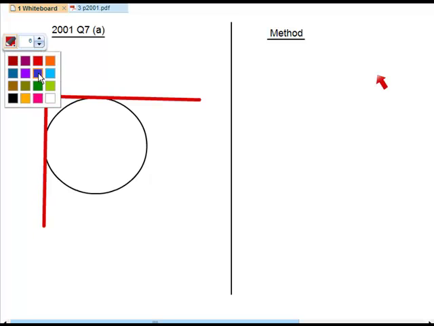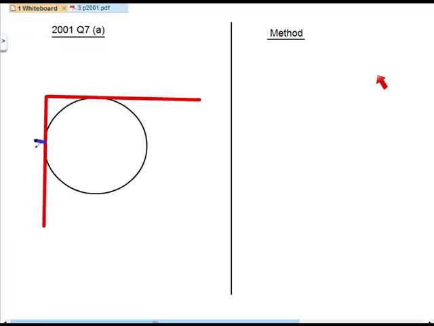Let's choose a different color, and look at the forces acting on that red system. Clearly there must be some kind of reaction force pushing from the peg out here.